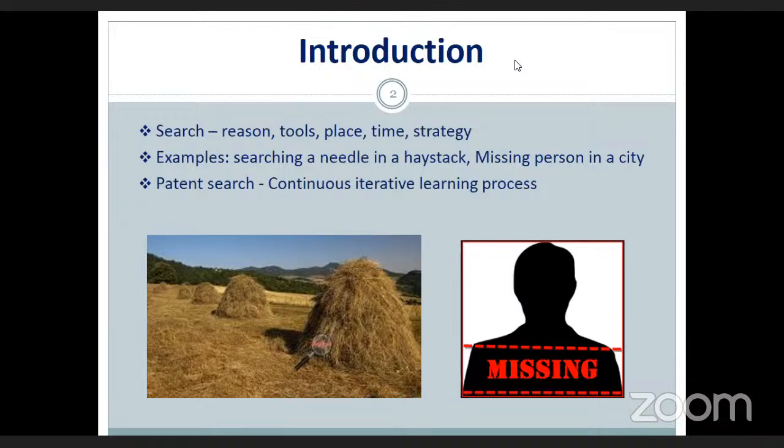It should be more particular. In this picture you could see approximately 4 haystacks, and you need to decide in which haystack it might be. If the exact place is particular, then it is easy for you to search, or else you have to search the whole way long. So place seems to be a more important parameter for searching.